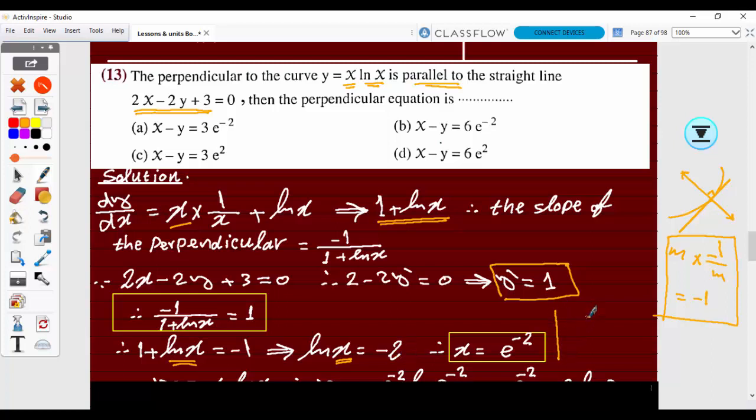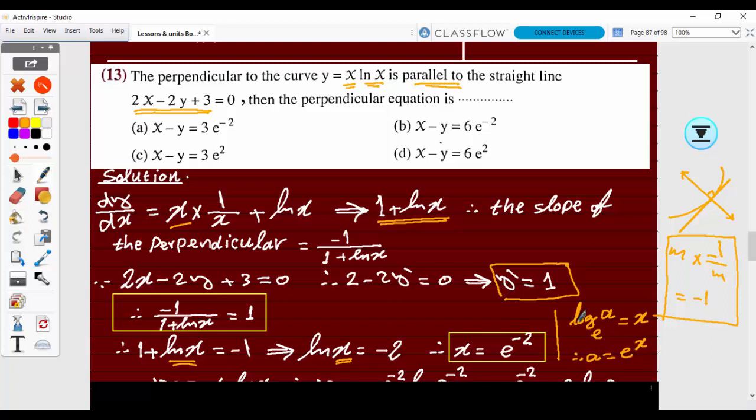Remember that if logarithm a to the base e equals x, then a equals e power x.